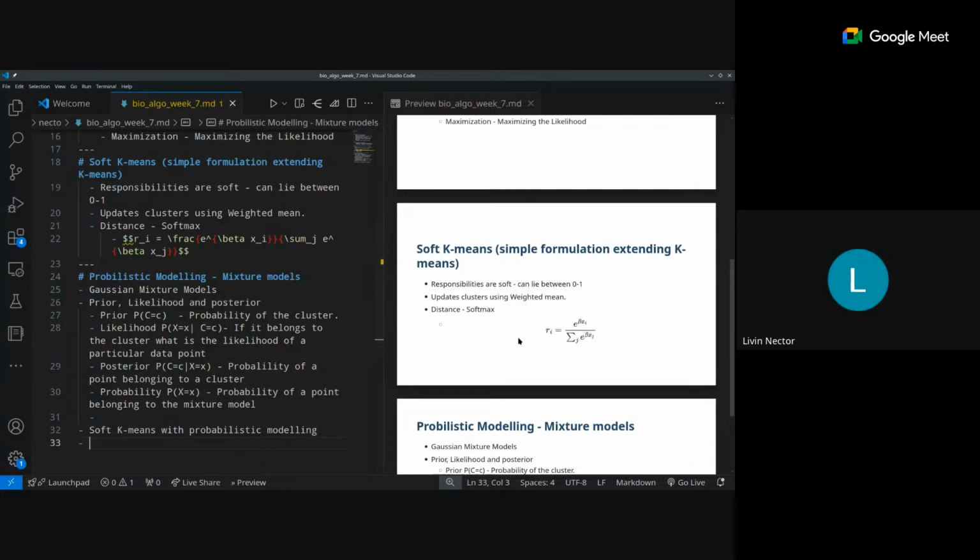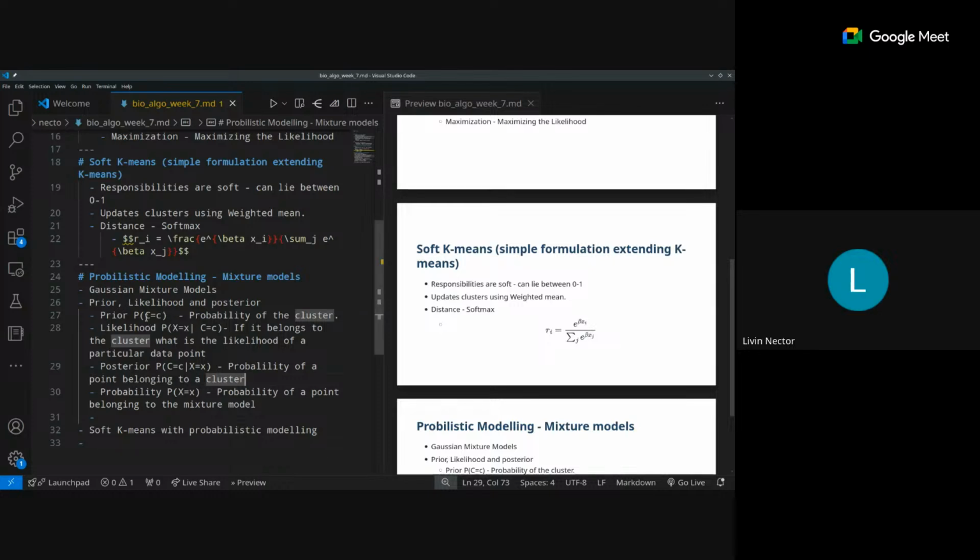So what we assume is that this responsibility is the posterior probability. What is the probability of this particular data point belonging to the cluster? This R1 becomes the posterior probability. To find that, we need the prior and the likelihood, all these things.